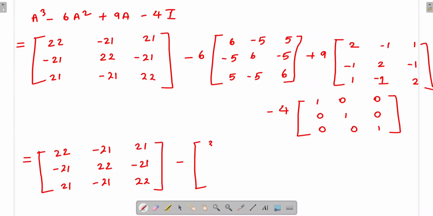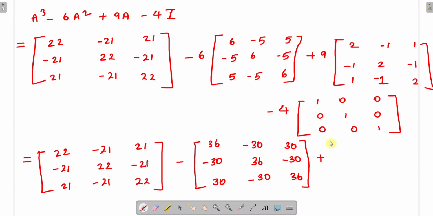So 6 times 6 is 36, 6 times minus 5 is minus 30, then 6 times 5 is 30, 6 times minus 5 is minus 30, 6 times 6 is 36, 6 times minus 5 is minus 30, 6 times 5 is 30, 6 times minus 5 is minus 30, and 6 times 6 is 36.